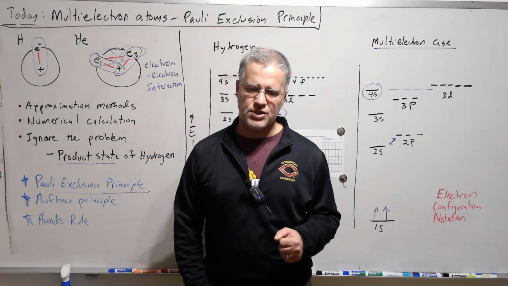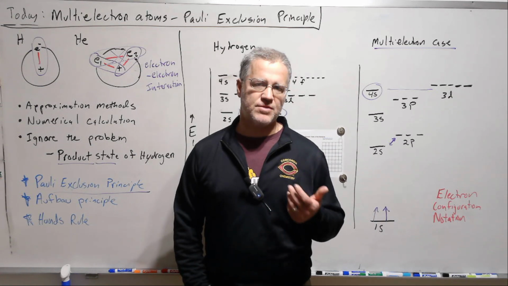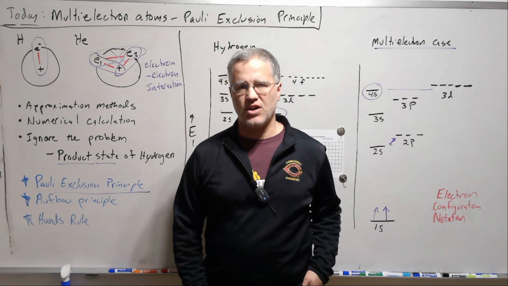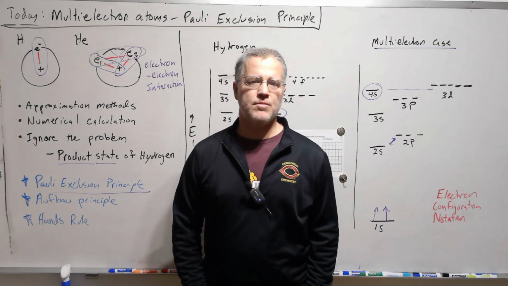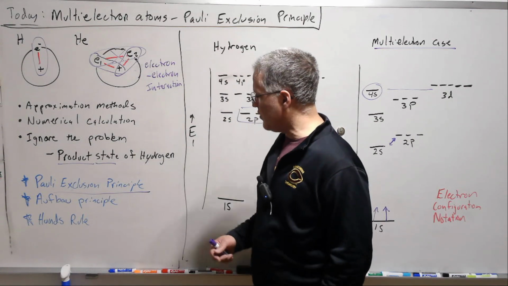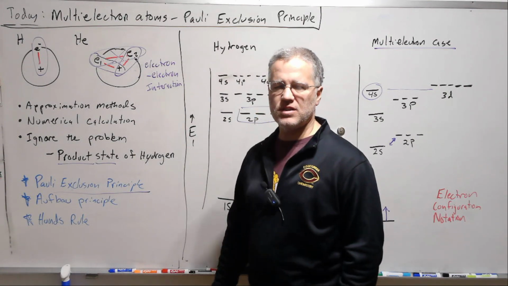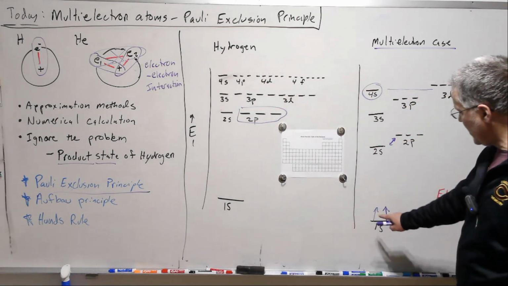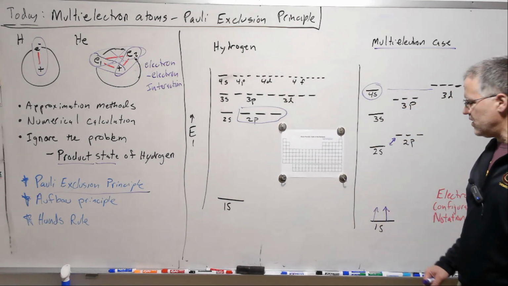The Pauli Exclusion Principle is talking about some symmetries of the wave function when you exchange electron 1 and electron 2, for example. But we don't need to get into that level. We just need to know what are the consequences. And the consequences are that no 2 electrons can be in the same state or share the same 5 quantum numbers. Those are equivalent statements.